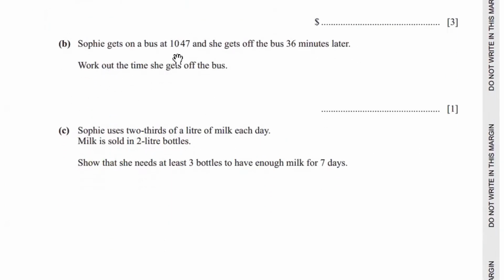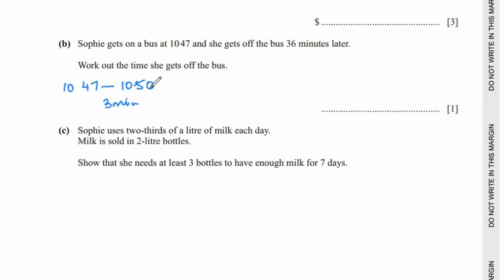Then it says Sophie gets on a bus at 10:47 and she gets off the bus 36 minutes later. Work out the time she gets off the bus. So to go from 10:47 to 10:50, that is 3 minutes.